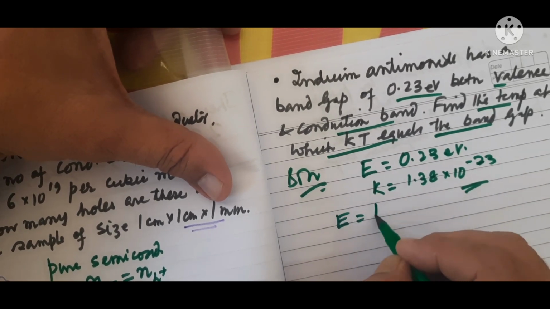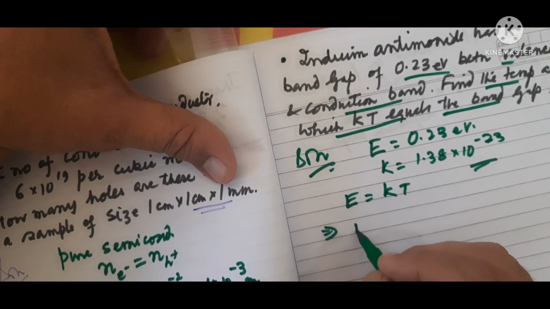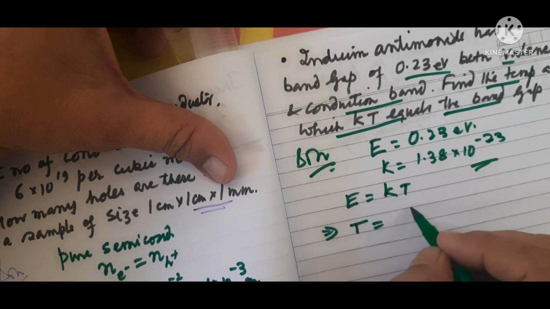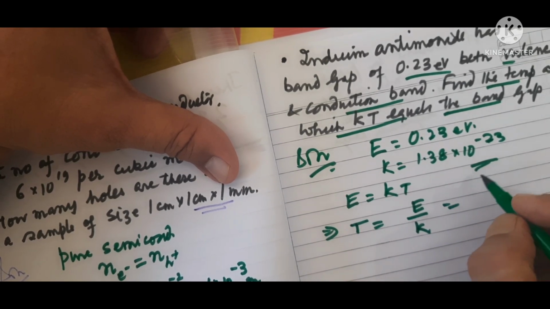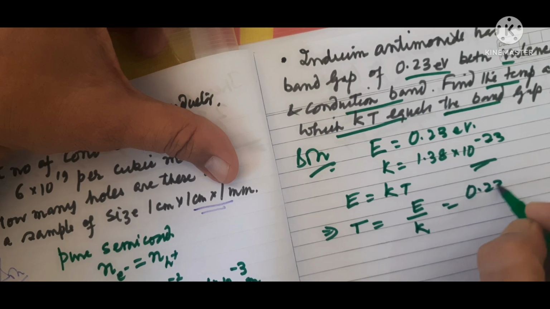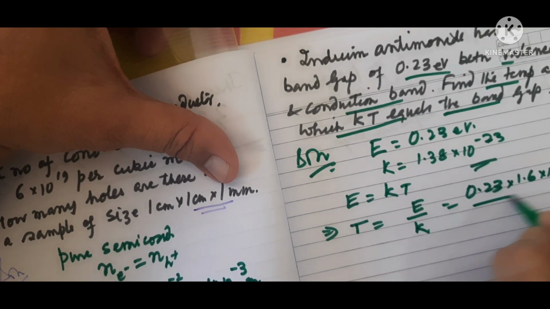So, energy should be equal to K into T. We have to find the temperature. T is equal to E by K. Put the value E, 0.23 in joule, we have to multiply by the electronic charge 1.6 into 10 to the power minus 19, divided by K. The value of K is 1.38 into 10 to the power minus 23.